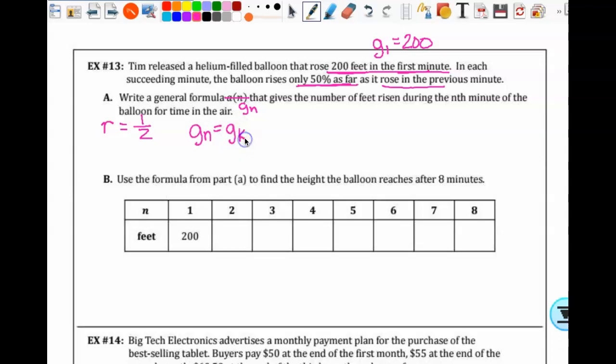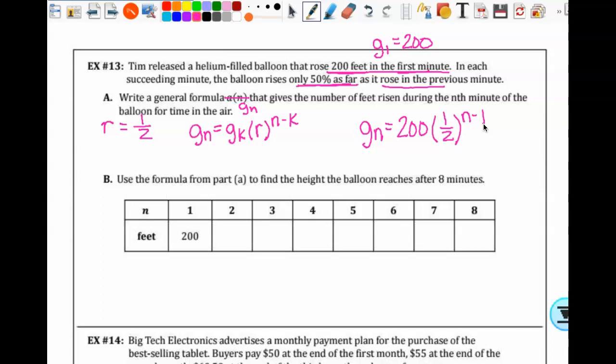Should be there by now. Double check that you agree. We agree? Okay. So G sub n is equal to, what's G sub 1? 200 times r, which is 1/2 to the n minus 1 power. And we'll just leave it there for right now.